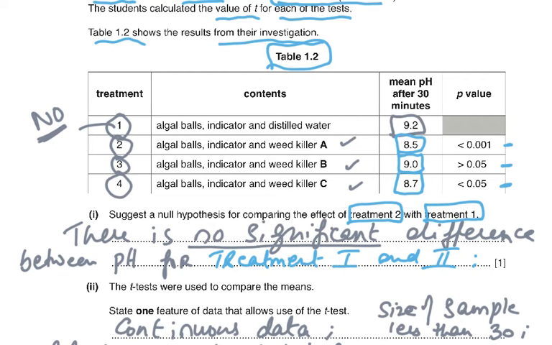Please understand that some words have been underlined by me, and in the mark scheme it says there is no significant difference between pH for treatment 1 and treatment 2. This got you your 1 mark. So nobody should be missing out this 1 mark. It's very absolute that you get this 1 mark.